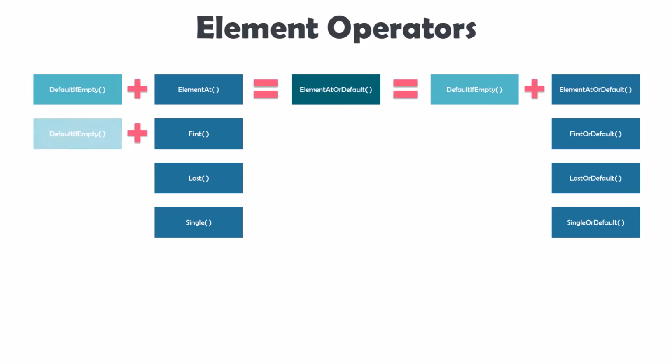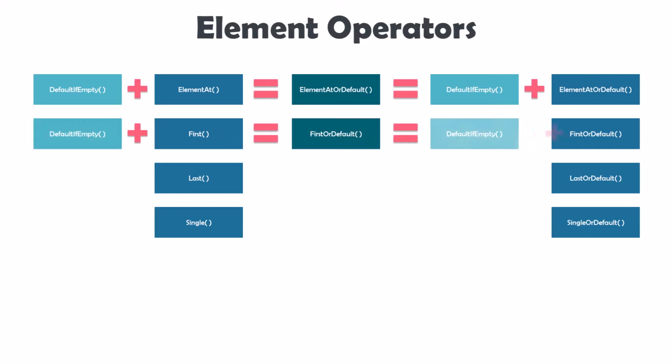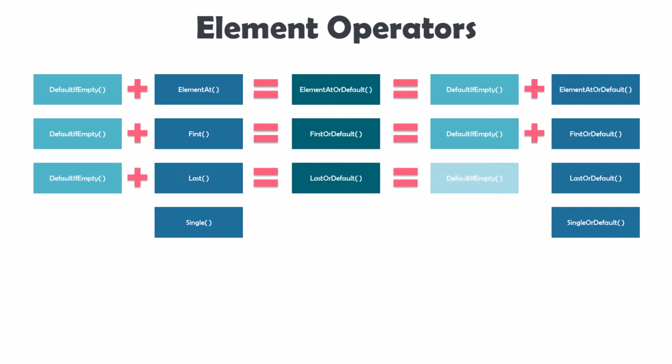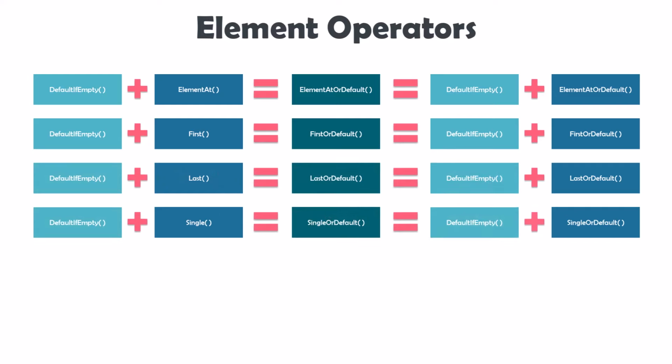If we use first with DefaultIfEmpty, it is the same as when we use the first or default operator. The same also for the last operator, and also for the single operator. I am talking here about using DefaultIfEmpty without a value in the brackets. But if we have a value in the brackets, we will get another result from using these combinations.